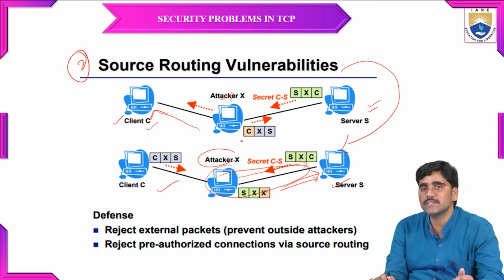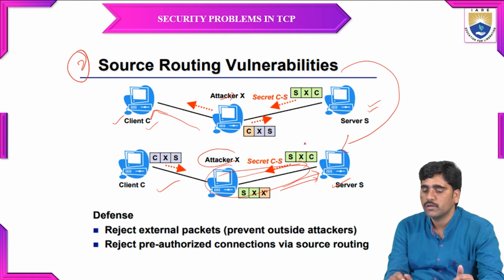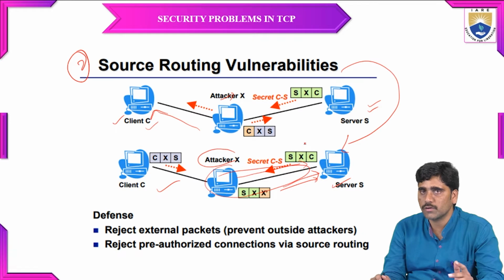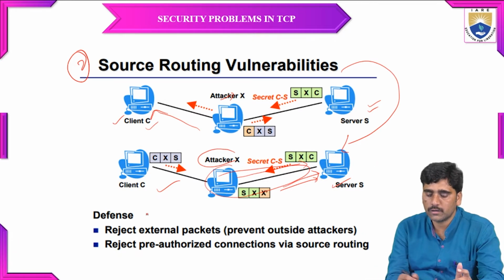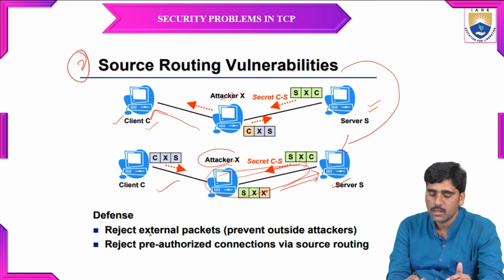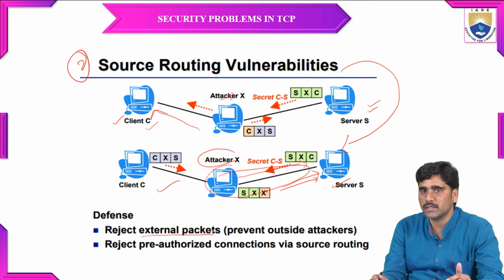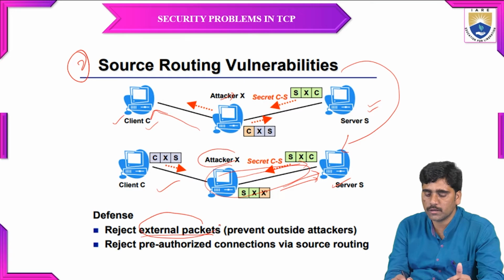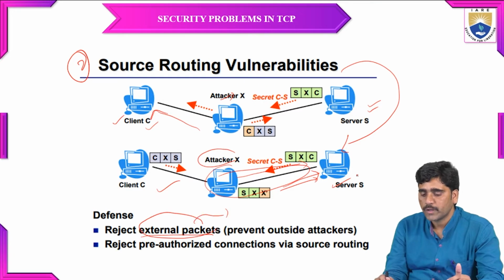To defend against these source routing vulnerabilities, what do we have to do? We have to take defensive techniques like rejecting external packets. External packets are nothing but those coming from outside connections.